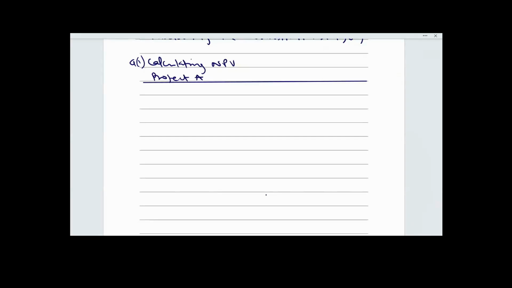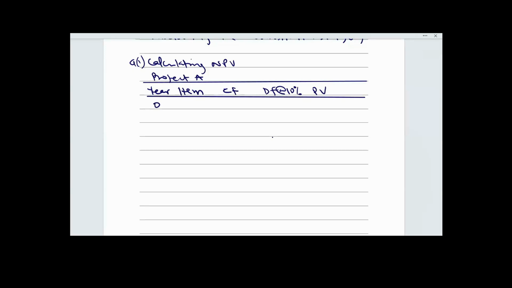To get the NPV, I'll create a column for year, description of item, cash flow, discount factor. What's the cost of capital given in the question? I guess it's 10%. Okay, 10%.